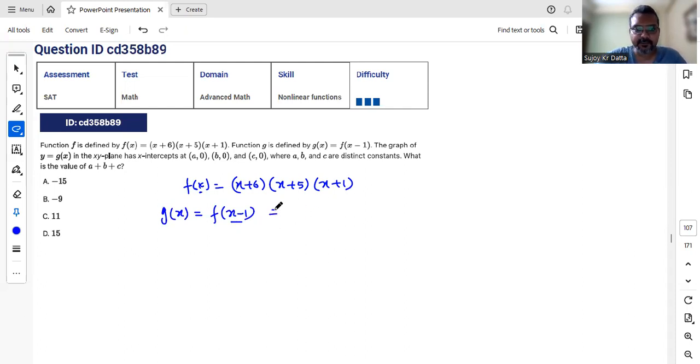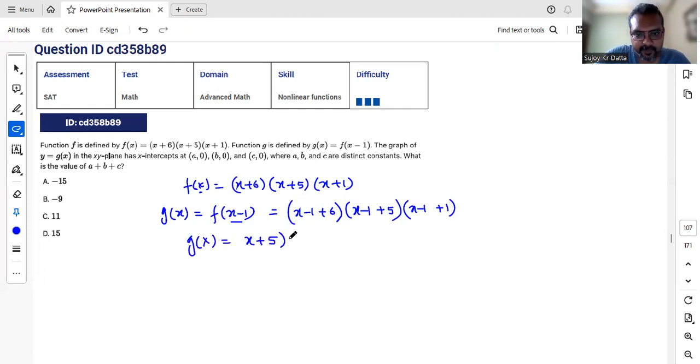So this will be (x minus 1 plus 6)(x minus 1 plus 5)(x minus 1 plus 1). So g(x) becomes (x plus 5)(x plus 4)(x).